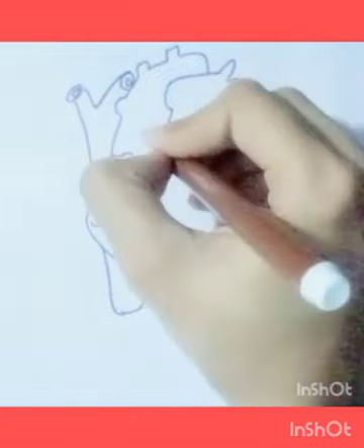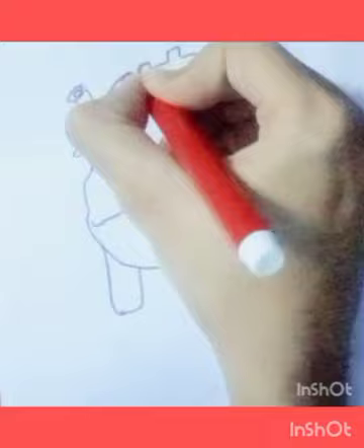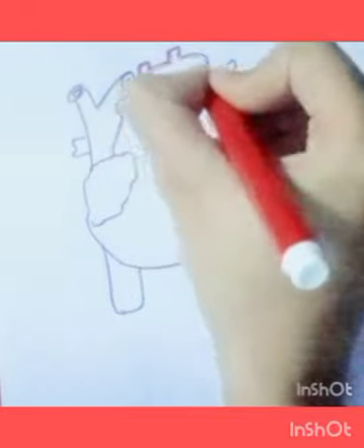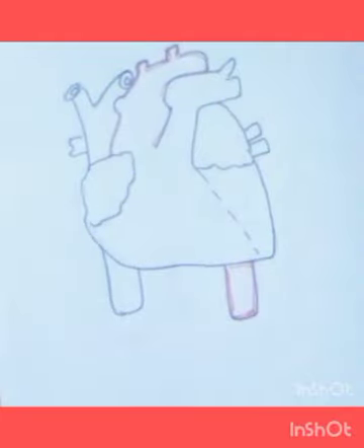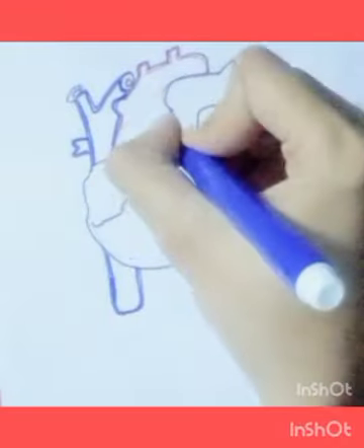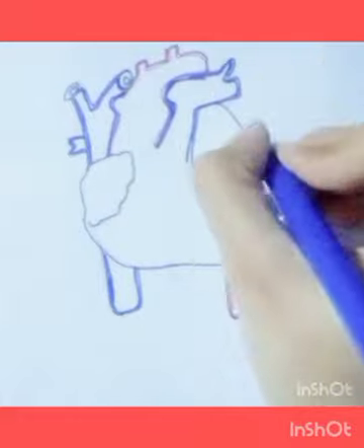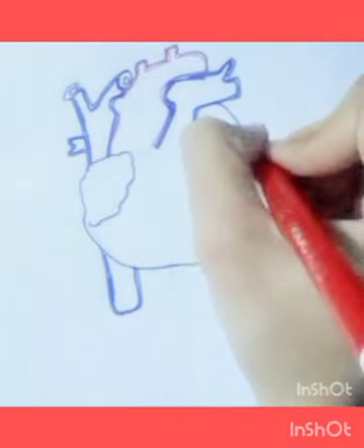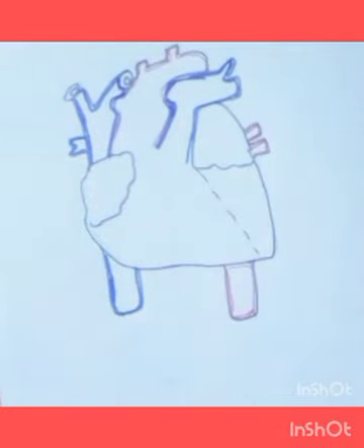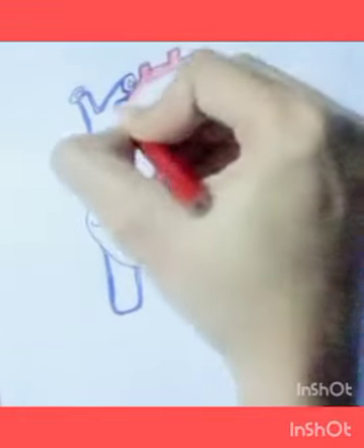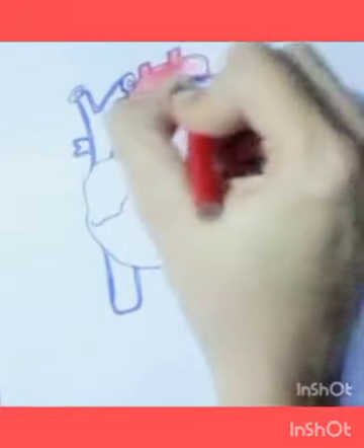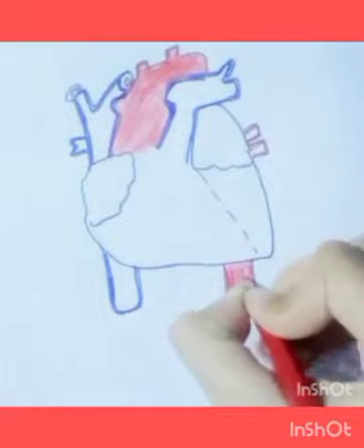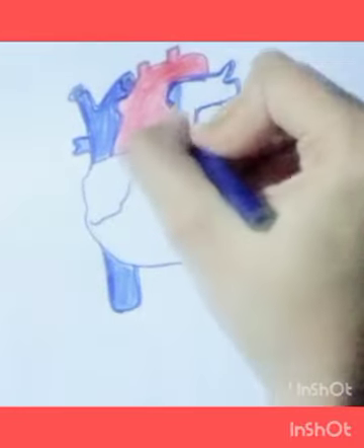In the posterior view, we see the aortic arch and the descending aorta through which the oxygenated blood is circulated to the body, and the superior vena cava, inferior vena cava, pulmonary trunk, and the pulmonary veins through which the oxygenated blood comes from the lungs to the left atrium and then to the left ventricle, and from the ascending and descending aorta to the whole body. As of now, we have seen the posterior view, anterior view and the cross-section view.